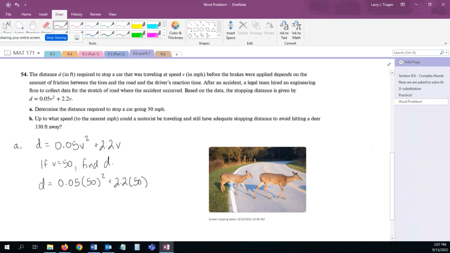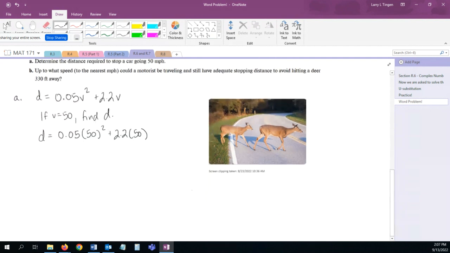Solve it. Okay. Calculator comes to the rescue. 0.05 times 50 squared plus 2.2 times 50. I get 235. And these are feet. Anybody disagree?